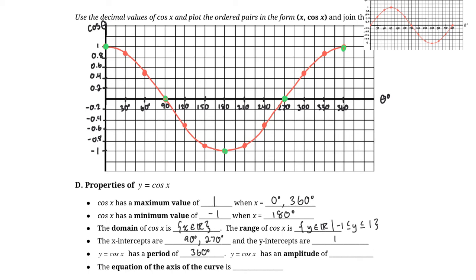And the equation of the axis of the curve is exactly at the x-axis, just like our sine function. So this is at y equals 0. So that means the distance from our maximum to our axis of the curve and from our minimum to our axis of the curve is 1. So that's our amplitude. Our amplitude is 1.